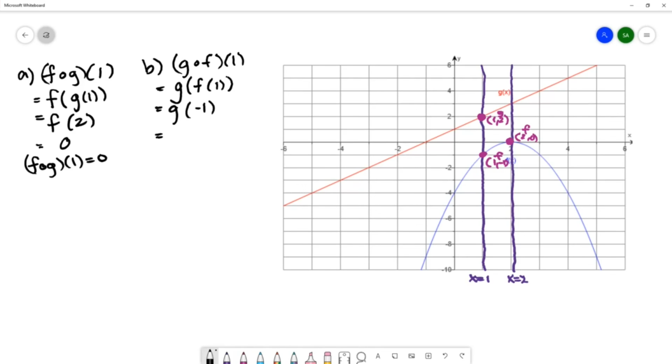Then I want to find g of negative 1. I don't have that marked yet. Let me draw a vertical line when x is equal to negative 1. And I'm interested in the graph of g. So here I have an intersection point.